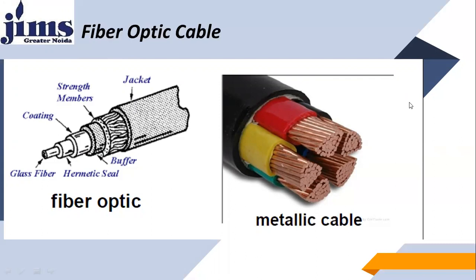So if you look at this fiber optic picture, the middle region is the glass fiber region, and this is the real optical fiber, right? After that, we have a hermetic seal to protect this glass fiber.